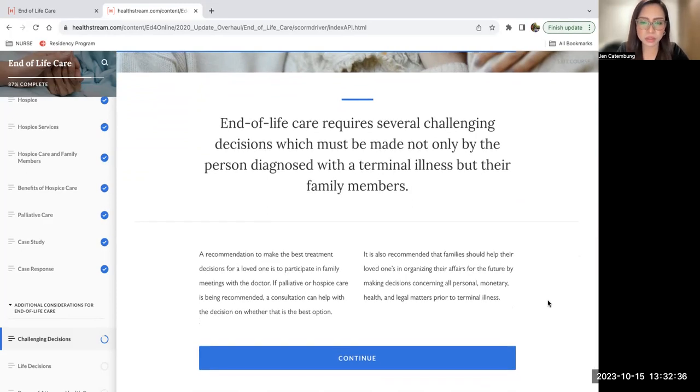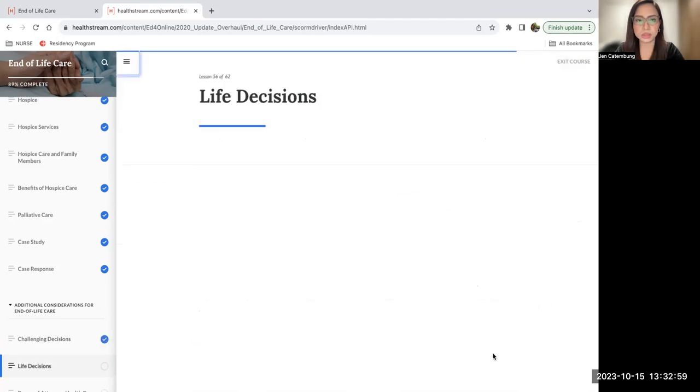If palliative or hospice care is being recommended, a consultation can help with the decision on whether that is the best option. It is also recommended that families help their loved ones in organizing their affairs for the future by making decisions concerning all personal, monetary, health, and legal matters prior to terminal illness.